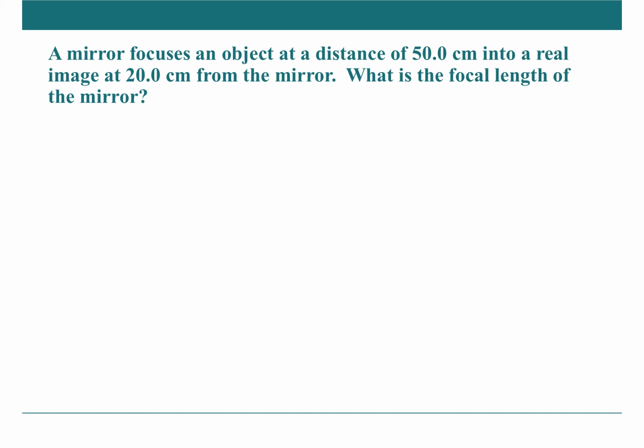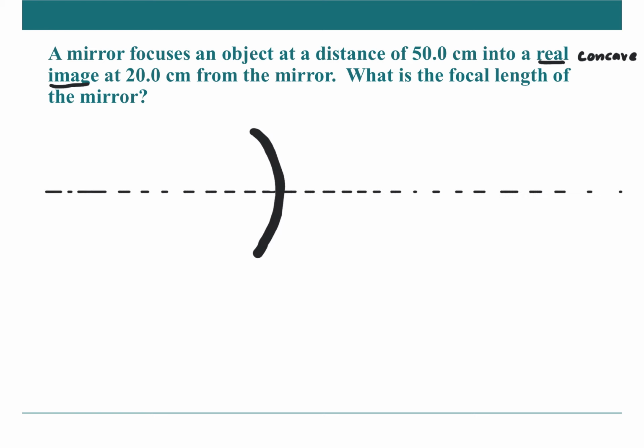Suppose another mirror focuses an object at a distance of 50 centimeters from it into a real image that's located 20 centimeters from the mirror. If a curved mirror is producing a real image, then we can deduce from this information that our mirror itself must be concave.